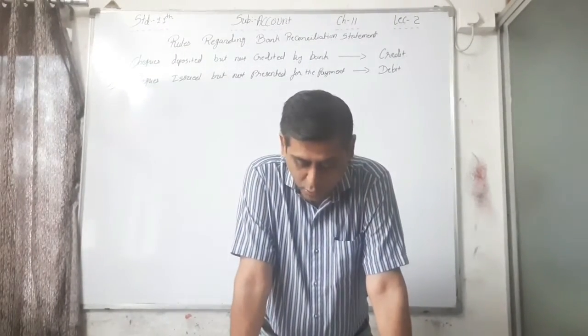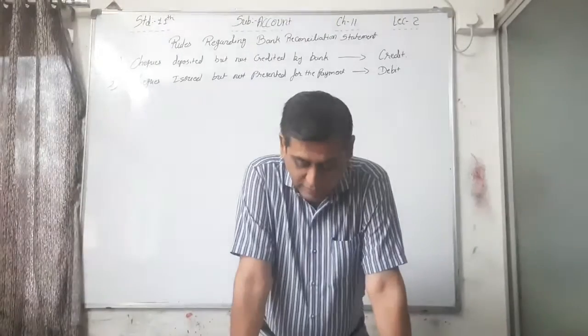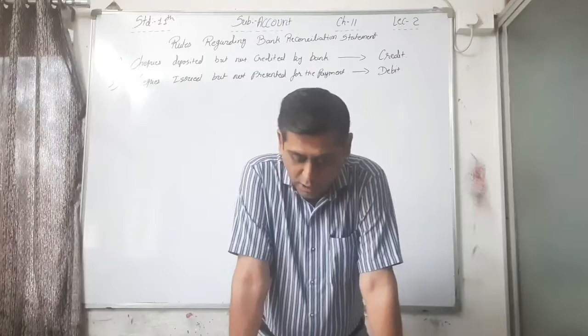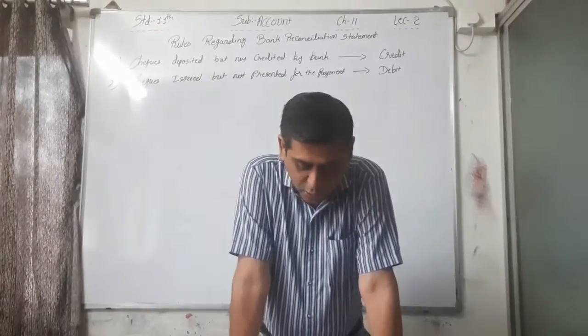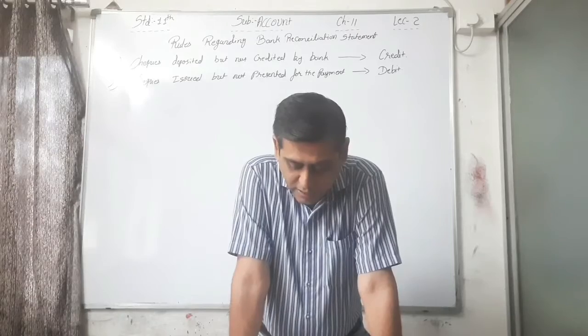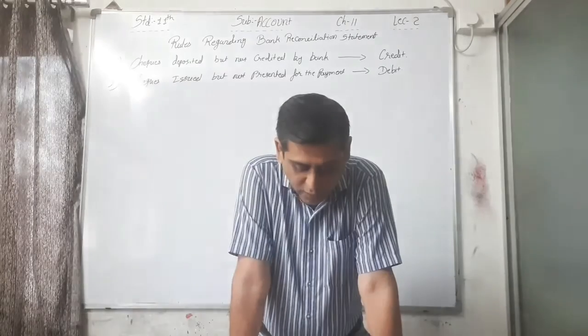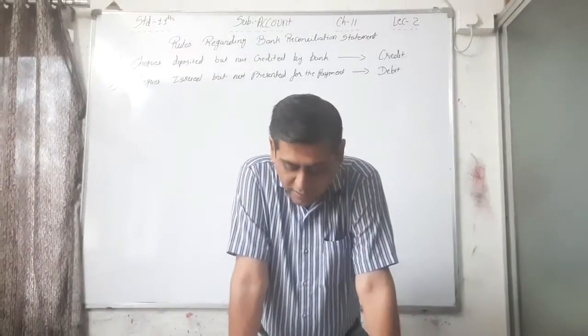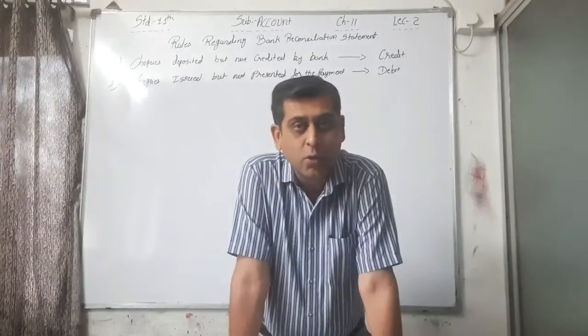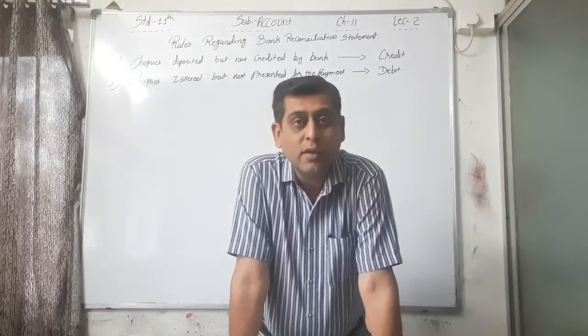I am reading the situation. Second situation, check issued but not presented for the payment. In order to pay dues, when a trader draws or issues a check in favor of any person, he immediately records it on the credit side of the cash book in the bank column, and thereafter bank balance as per cash book will decrease. I told you that. Here what happened?